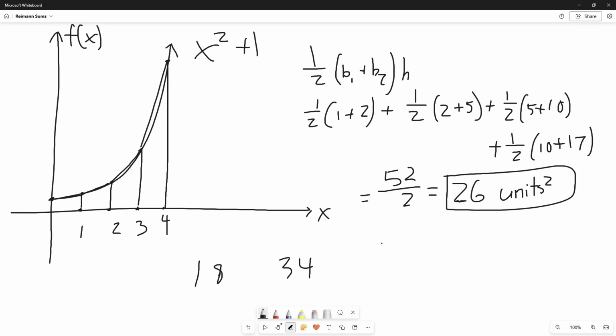And you might notice that it's actually exactly in the middle of these two, which means that it's not just a coincidence for this one. The trapezoidal sum is going to be equal to your left and your right divided by 2. So let's label area left plus area using the right divided by 2 equals your sum of all the trapezoids.